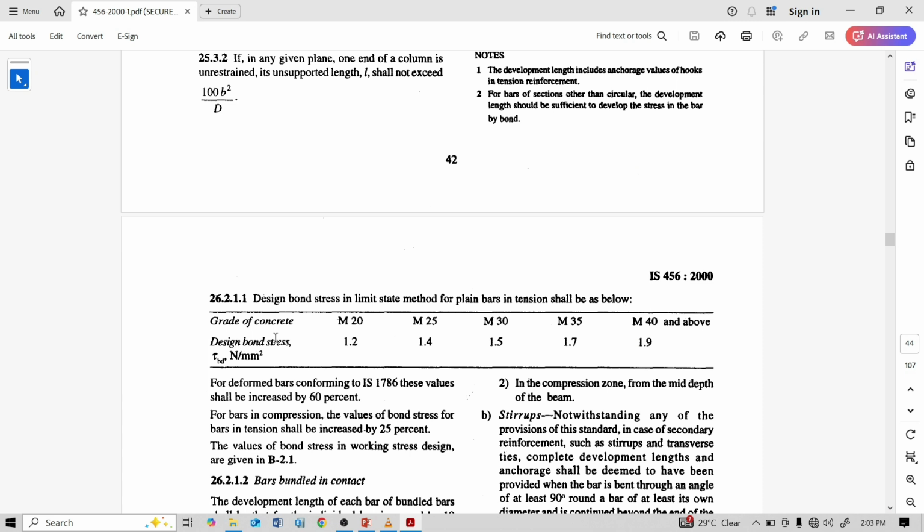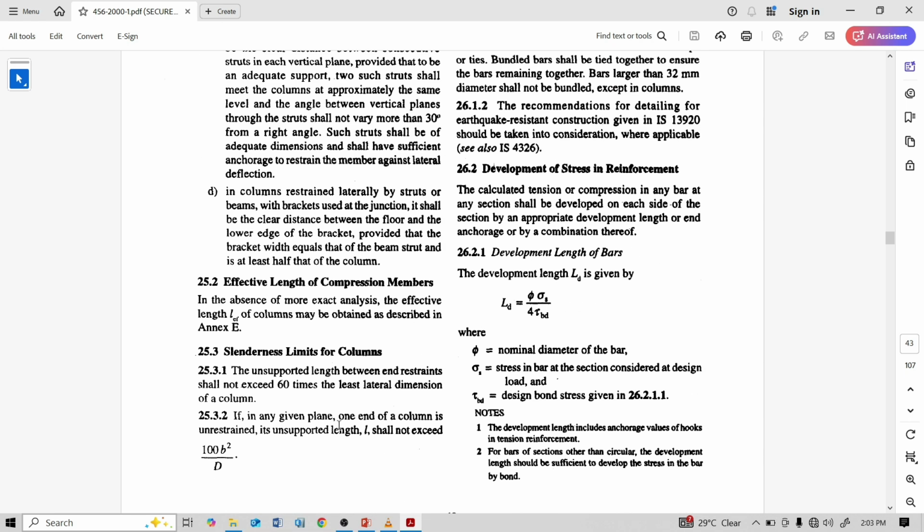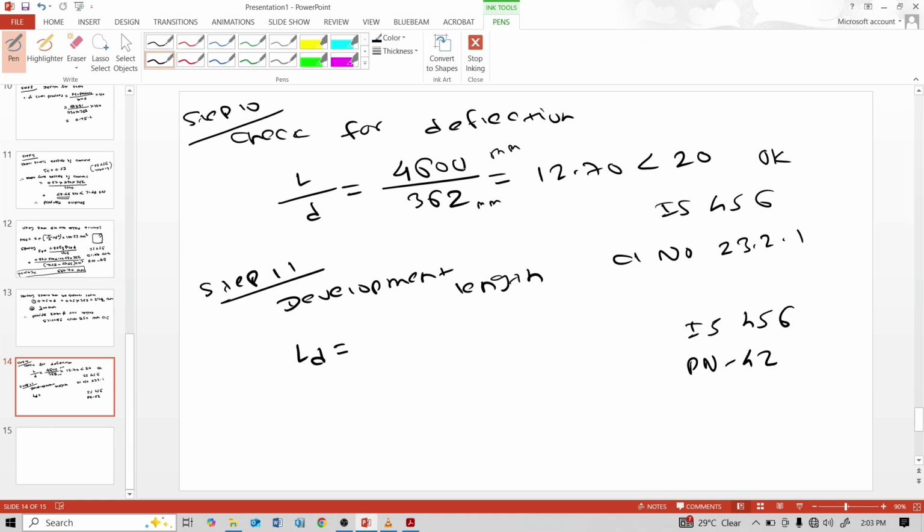Design bond stress, our grade of concrete is M25, so design bond stress is 1.4. So take this formula, Ld is equal to phi sigma s upon 4 into tau bd.